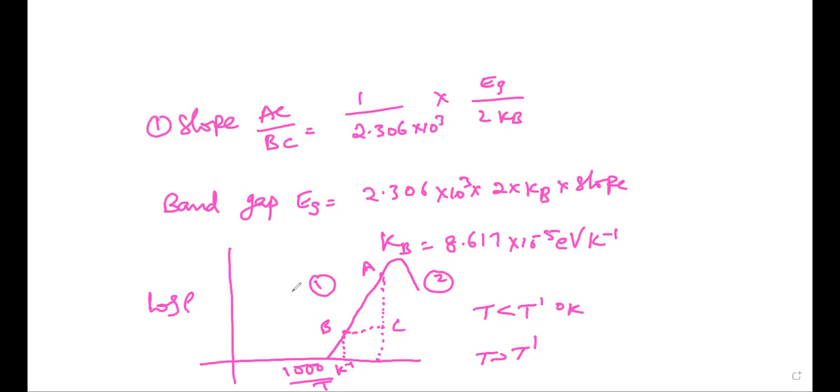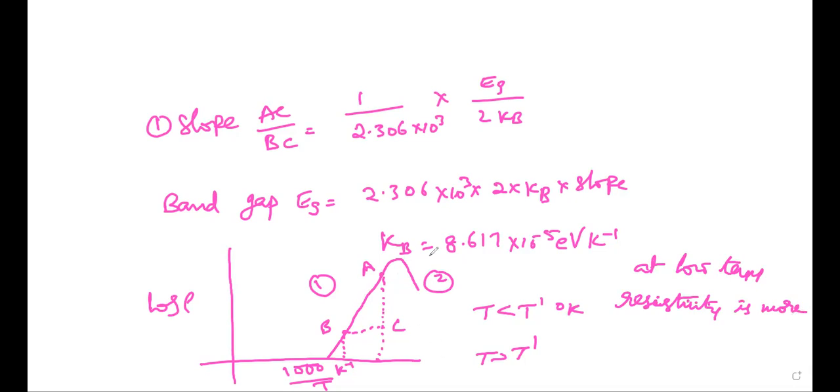The resistivity decreases exponentially with the increase in T. At low temperatures the resistivity is more, and vice versa.